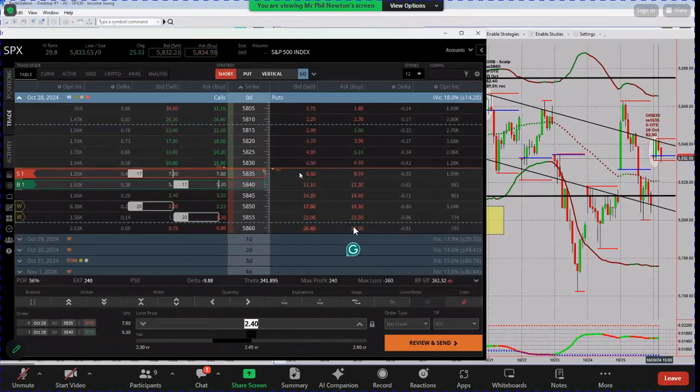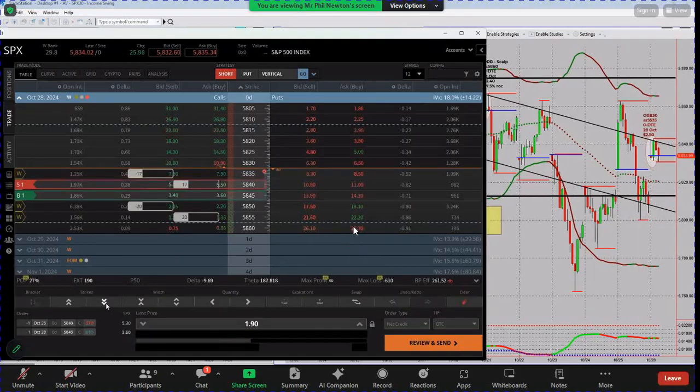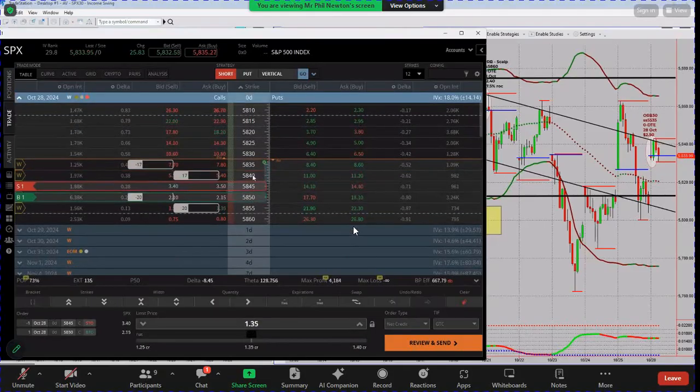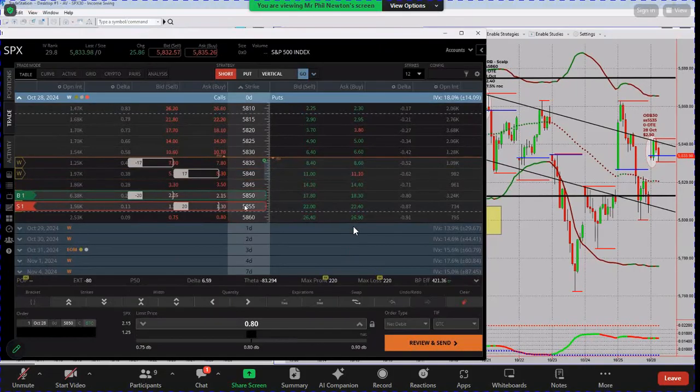Again, I wouldn't go in the money with this spread just because I'm expecting a small movement. But how much? So if this moves down $15 to 58.20, the range low that we were just talking about, again, I can go from at the money to $5 out the money, $10 out the money, and now $15 out the money.